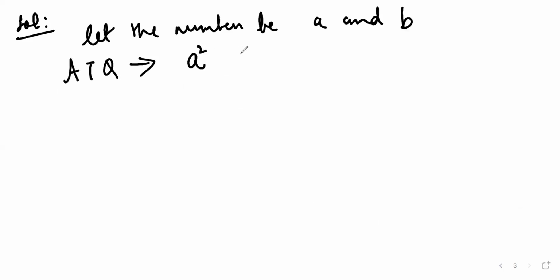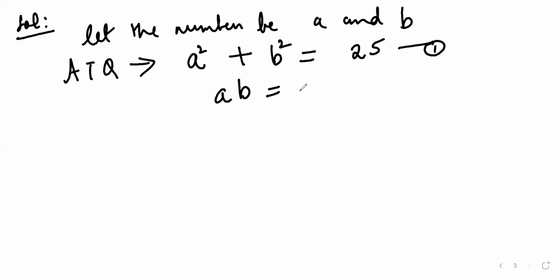Sum of the squares, a square plus b square, is 25. Maybe you can call it equation 1. And the product, what is product? Multiplication. a into b or b into a, because multiplication is commutative. So the product happens to be 12. This is the second equation, equation 2, I can call it.